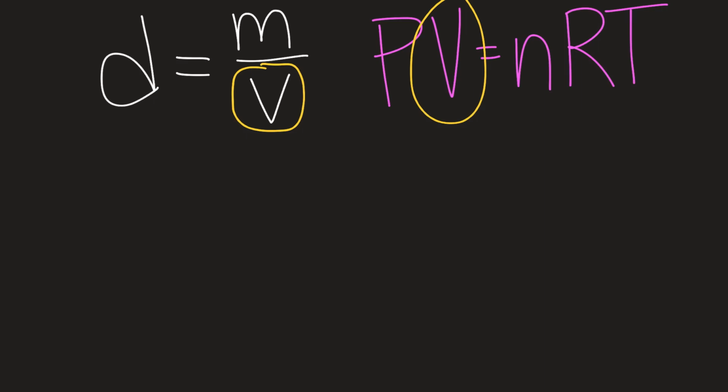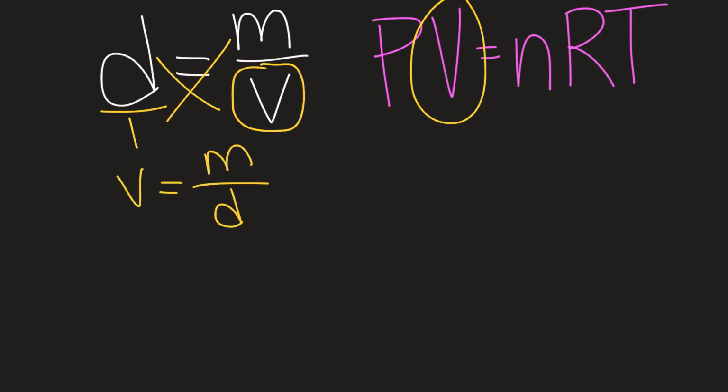So density, solve for volume, and remember, people get this wrong a lot. Just put density over 1, and then you can do some cross multiplication. So volume is going to be equal to mass divided by density.